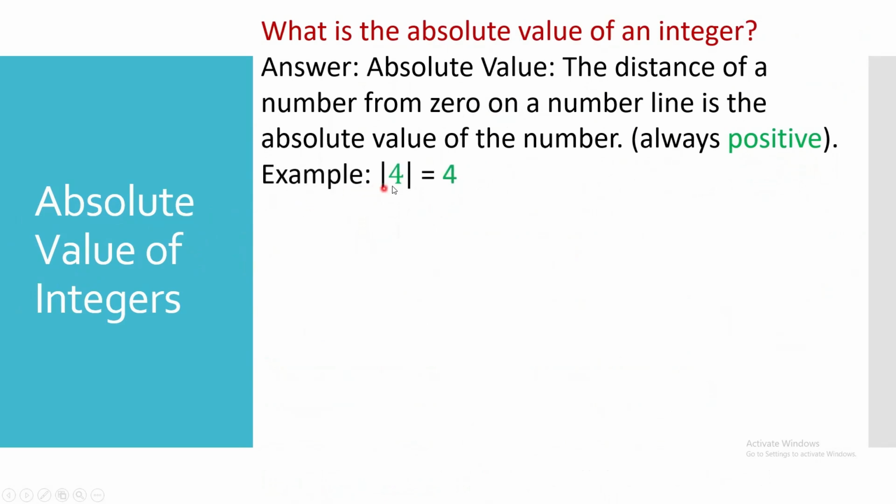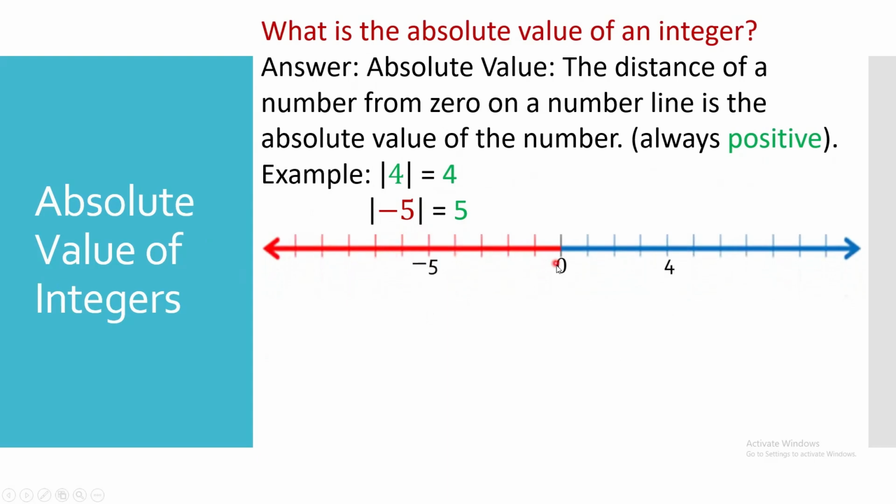Like here you see the example, the absolute value of 4 will be 4 and the absolute value of -5 will be 5. So it means 4 is how much away from 0? 4 steps. -5 is how much away from 0? 5 steps. So if you check your number line, you see 0 is here, 4 is here, the absolute value of 4 is 4, and the absolute value of -5 is 5 because it is 5 steps away from 0.